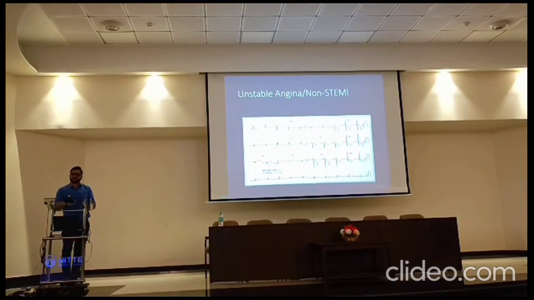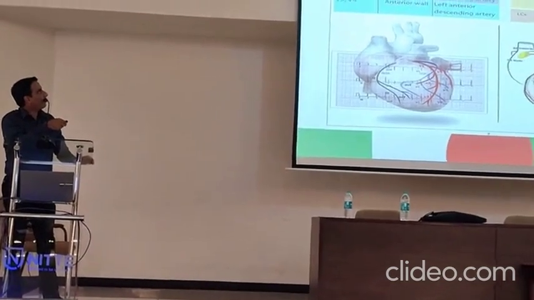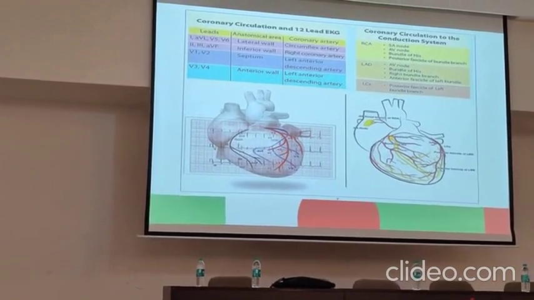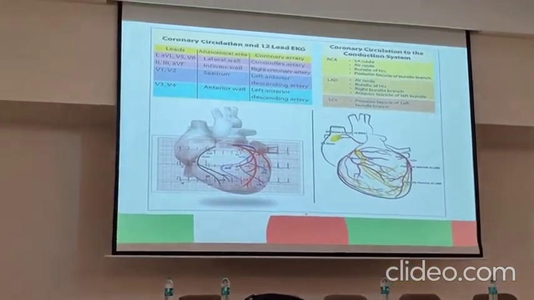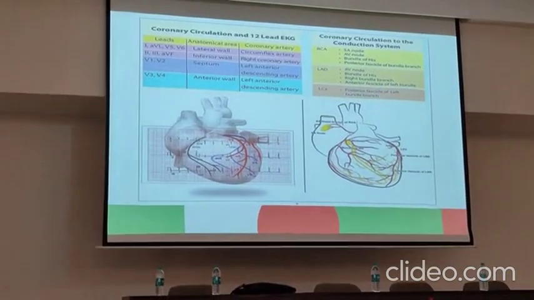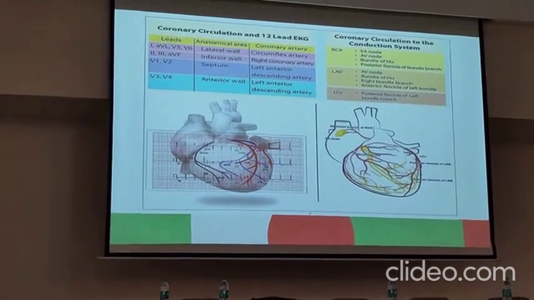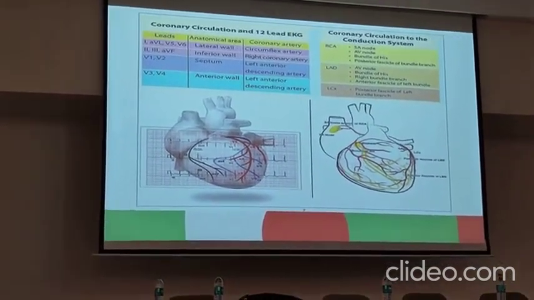In this ECG, you can see that 1, AVL, V5, V6 anatomically represent the lateral wall, and when there are changes in these leads, it denotes that the circumflex artery is having some issue.